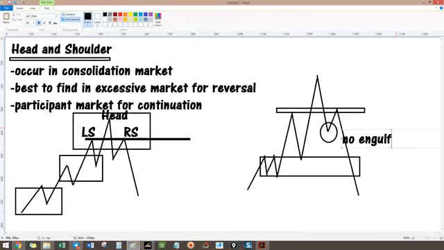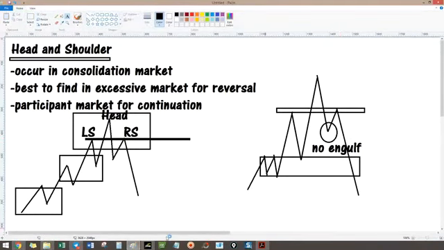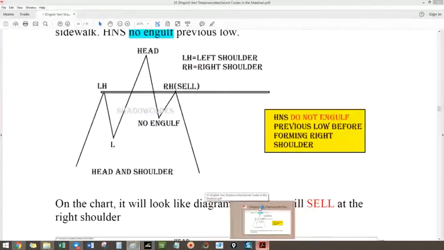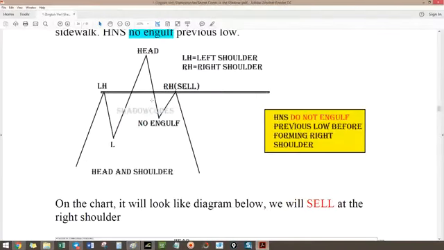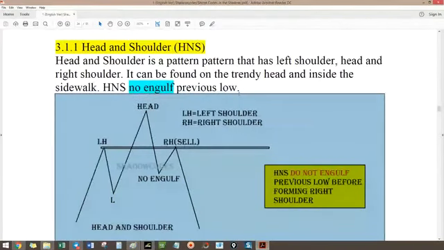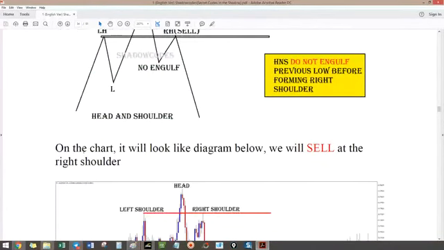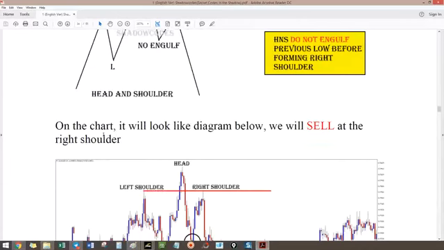The difference between head and shoulder and QM I will show you. So no engulf here. Let's see the PDF again. I'm really sorry regarding this grammar. I think I already corrected it, but I don't know. I will check it again. On the chart, it will look like the diagram below.